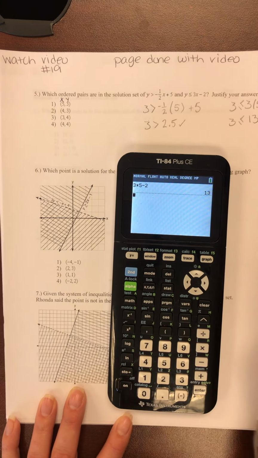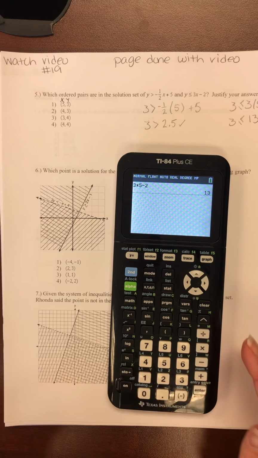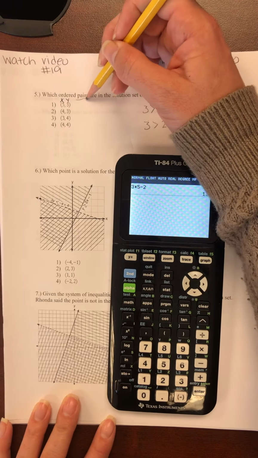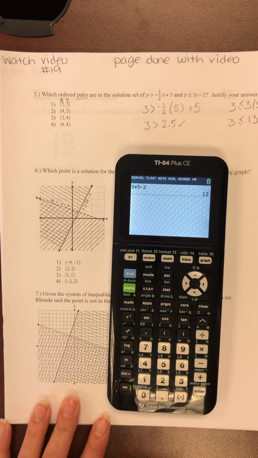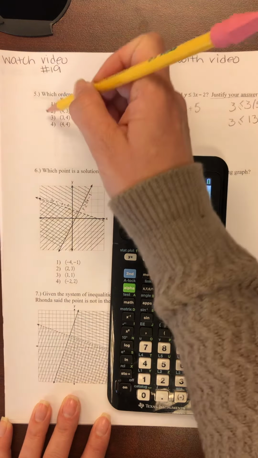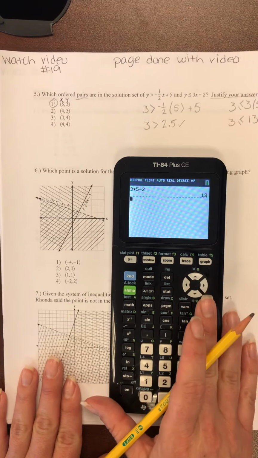Is 3 less than or equal to 13? Yes, it is. But we have to be very careful. This was a tricky question. It says, which ordered pairs? So I'm going to have more than one answer here. And it said to justify my answer, so I need to show my work. So this does work, and choice 1 is one of them.